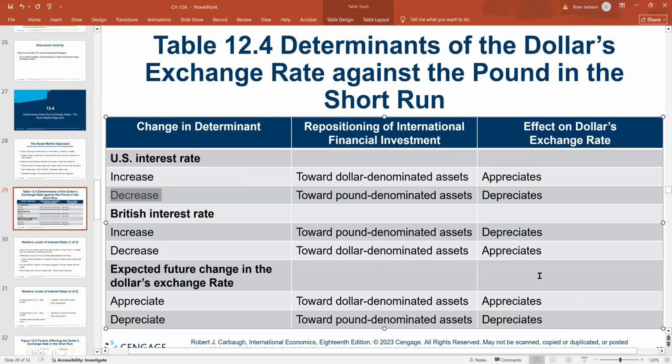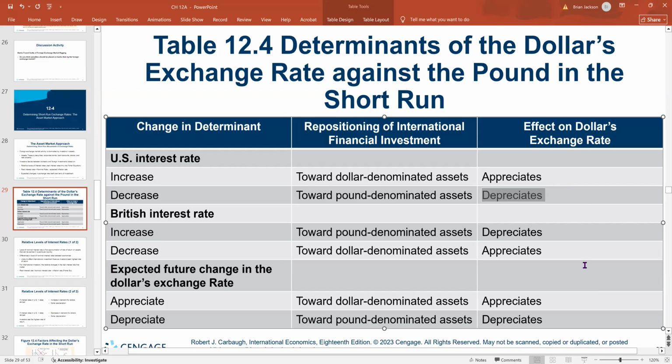If the U.S. interest rate decreases, okay, so corporate bonds are paying a lower coupon rate and so forth, then say American investors and UK investors are going to be more inclined to buy, say, UK denominated or pound denominated bonds and stocks and so forth. And so that would depreciate the dollar. Okay, there would be a depreciation on the dollar's exchange rate.